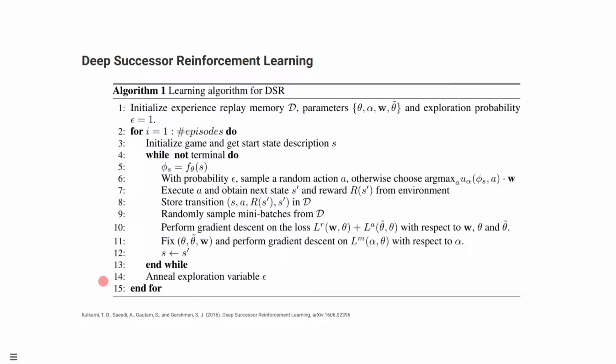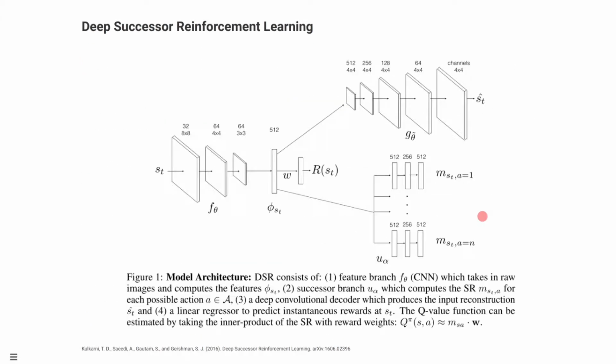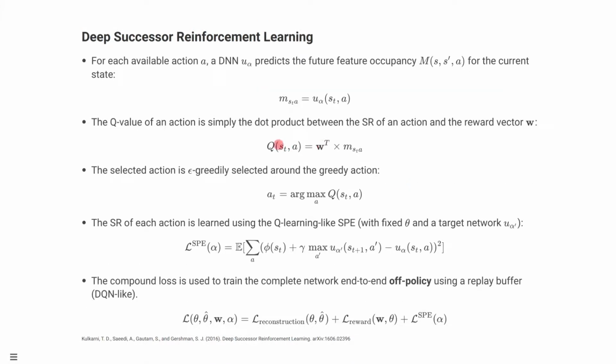So it's really DQN, except that you're not learning directly the Q values, but the successor features, which combined with that weight vector give you the Q value. That's the important formula.